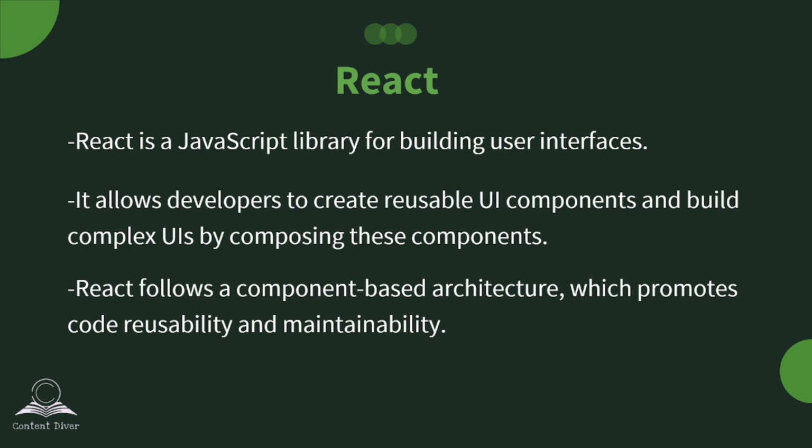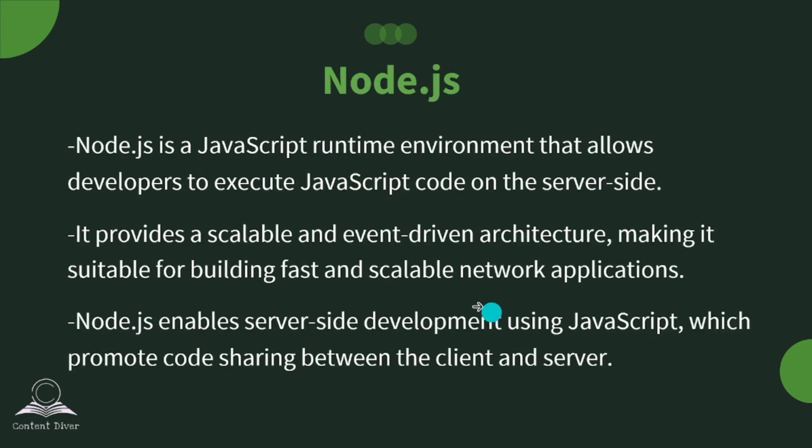The next one is Node.js. Node.js is a JavaScript runtime environment that allows developers to execute JavaScript code on the server side. It provides a scalable and event-driven architecture, making it suitable for building fast and scalable network applications. That means it handles the requests that come from the front end, that is the React part.